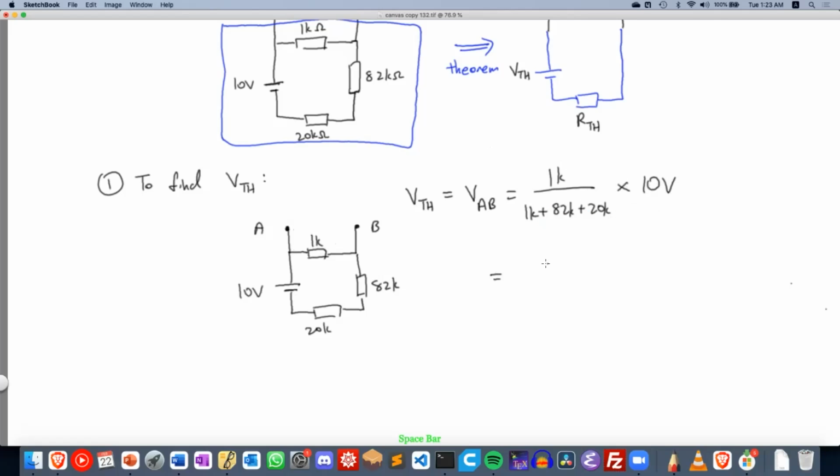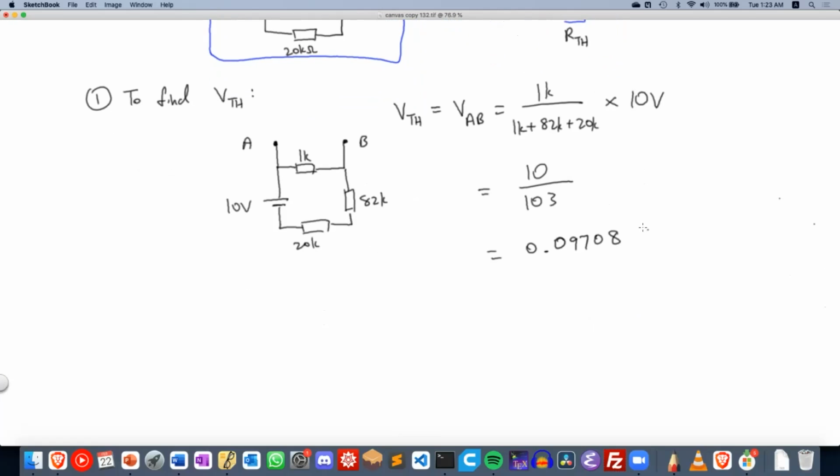So this is going to be 10 out of 103, which is approximately 0.09708 to 5 decimal places. So that's our Thevenin voltage.